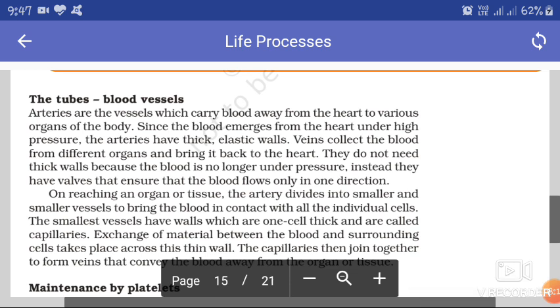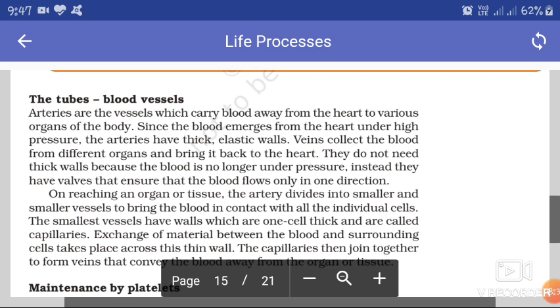Blood vessels. Arteries are the vessels which carry blood away from the heart to the various organs of the body. Since the blood emerges from the heart under high pressure, the arteries have thick, elastic walls.